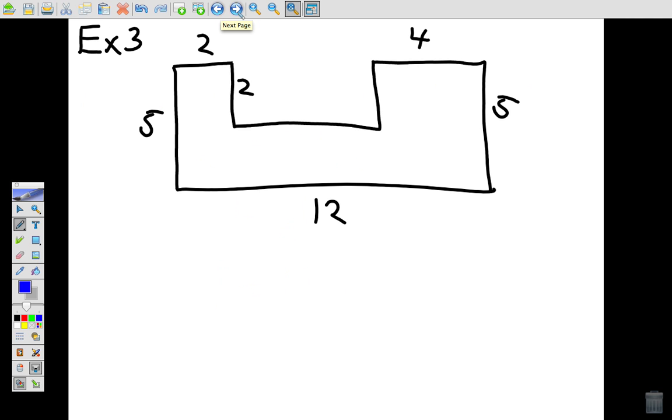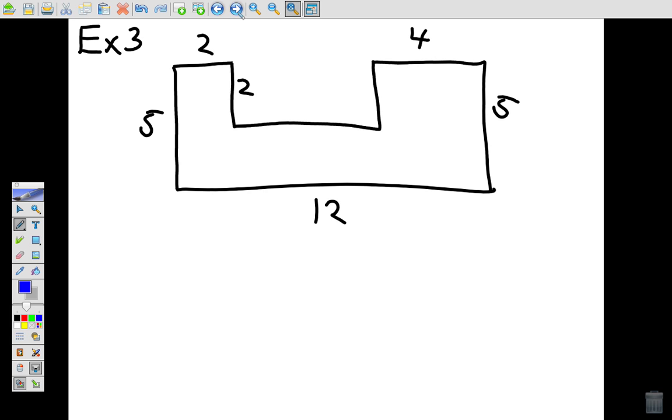Now in example 3, we really get into the true part of the Algebra 1 part of the perimeter. And you've probably had these problems before. They want you to find the perimeter. As best to my artistic ability as I can, I've drawn this diagram, and it could be better, but you kind of get the idea.